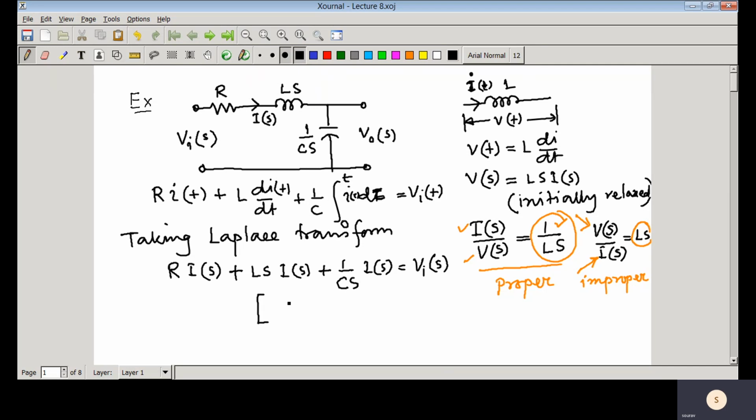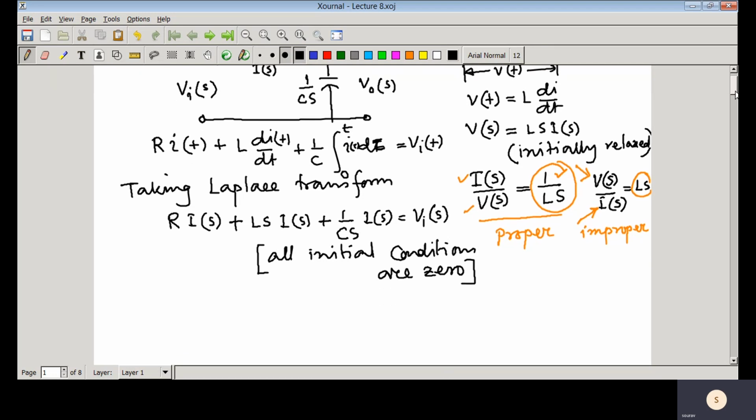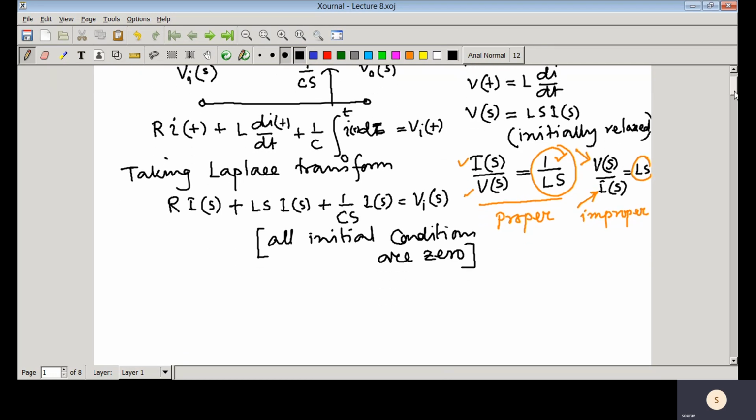Here, as we are interested in finding the transfer function, all initial conditions are 0, because from the definition of transfer function we need to assume that all initial conditions are equal to 0. That is one of the disadvantages of transfer function based modeling.